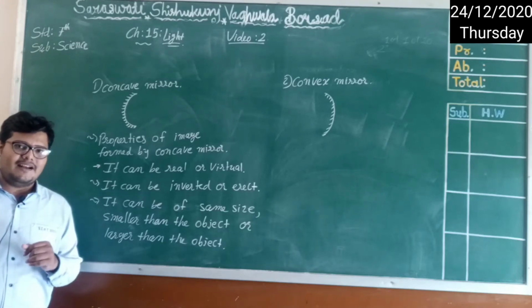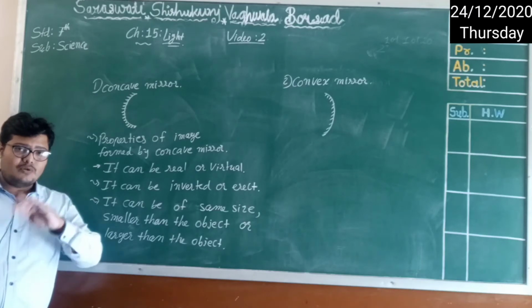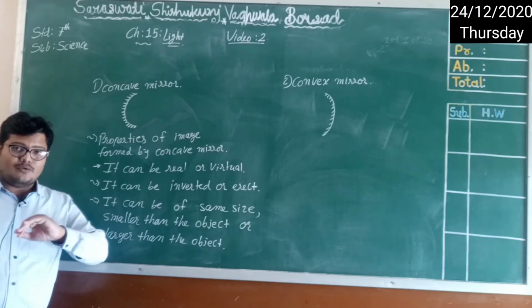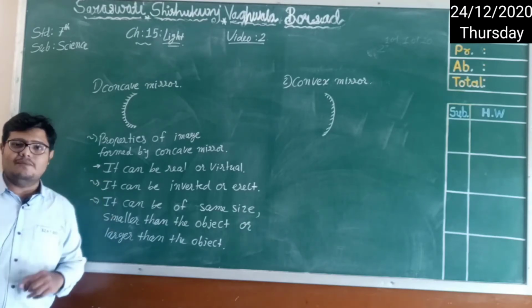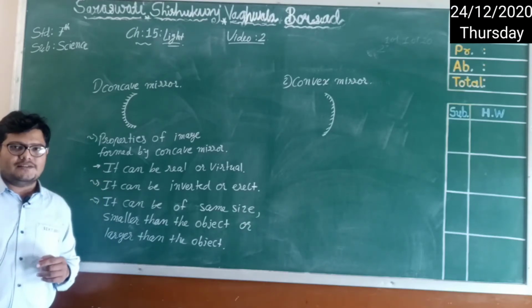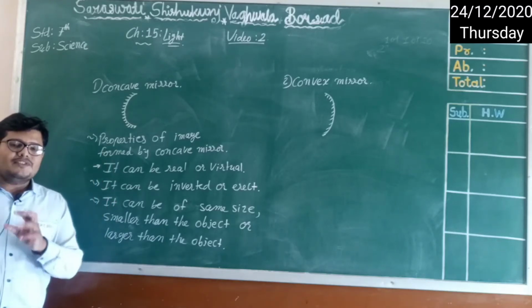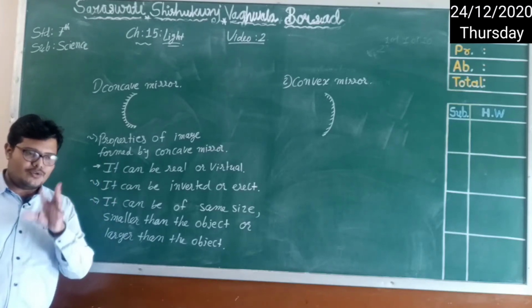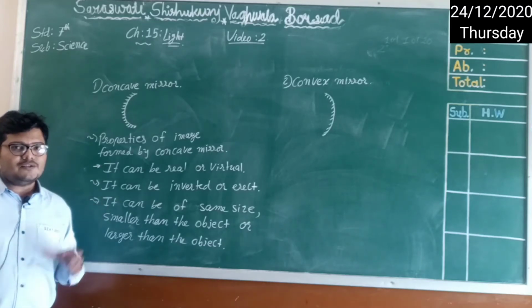If you have seen a headlight, there is a silver part inside. I'm not talking about the outer glass, I'm talking about the inside. After the bulb, if you observe, there is a silver part. Those reflectors are in the shape of concave. If you see torches, there is also a concave shape nearby the bulb. So those are the applications.